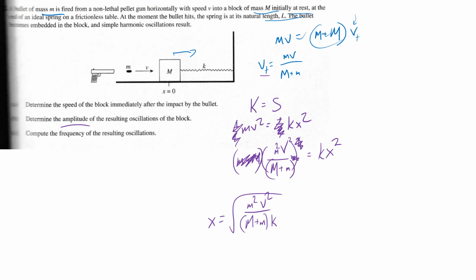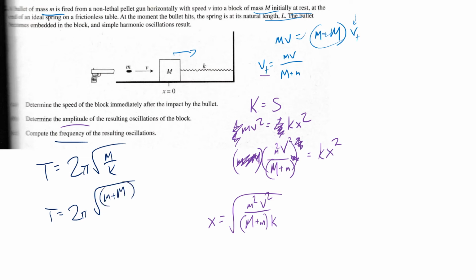Nice. All right, for the final one, compute the frequency. Easy. We have a formula for period. It's 2 pi square root of m over k. All right, so our period is going to equal 2 pi square root of m plus big M over k. But it wants frequency, but frequency is equal to 1 over the period.